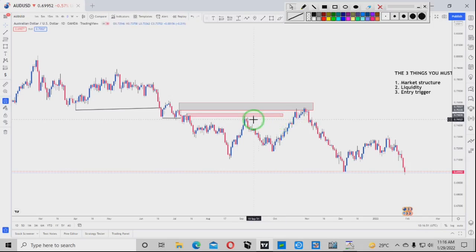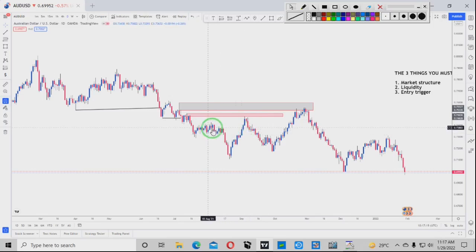You want to see a grab of liquidity just before your POI or inside of your POI. Out of these two scenarios, you want to see one of them played out. If you don't find liquidity capture around your POI, it is most likely that POI will not work out well.